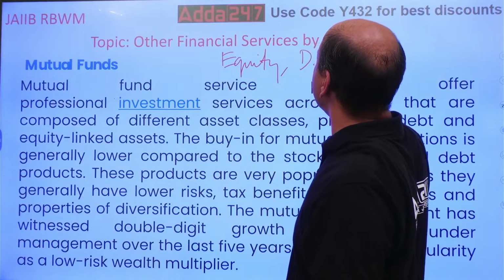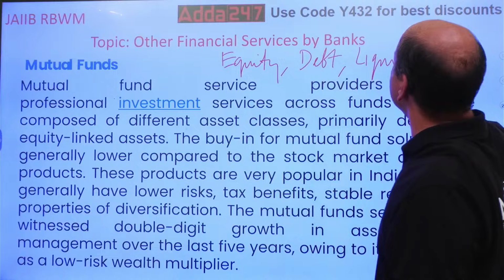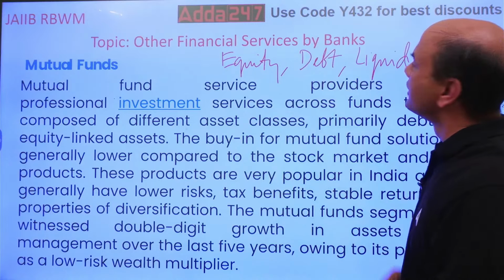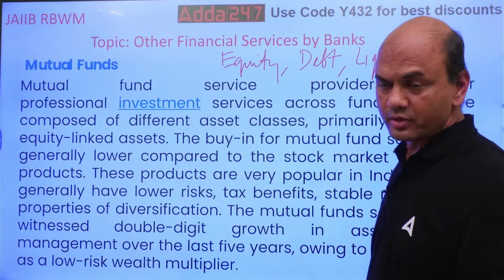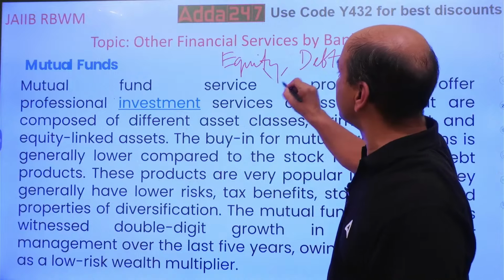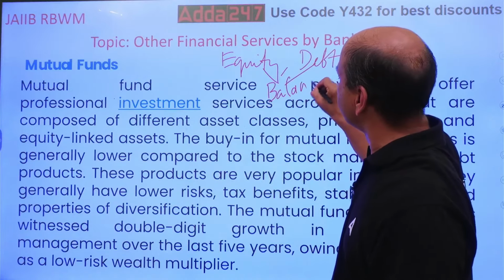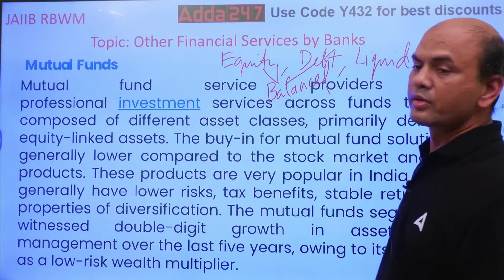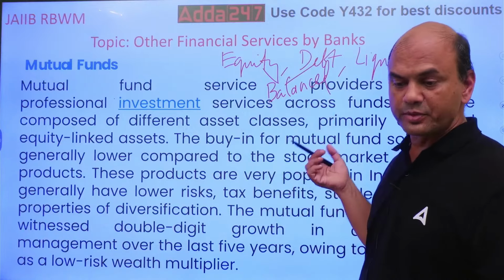Debt means related to bonds, and liquid is related to simple T-bills or government bonds where the principal is saved. Now there is a combination of liquid and debt, that is called balanced fund. This is a combination of equity and debt. These are the types of mutual funds which we sell.